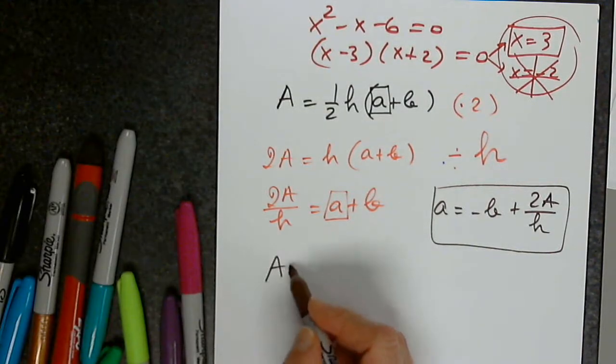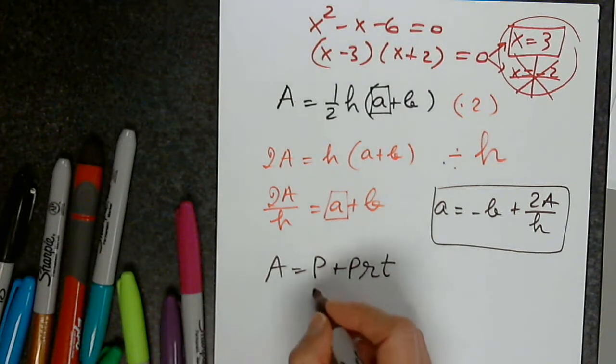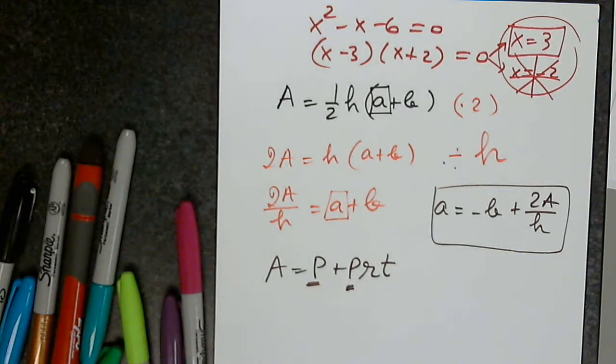A equals P plus P R T. Any questions? They're asking us to solve for P. Remember, there are many keywords in math, but 2 major ones are factor and simplify, that I hope you would remember from this course.